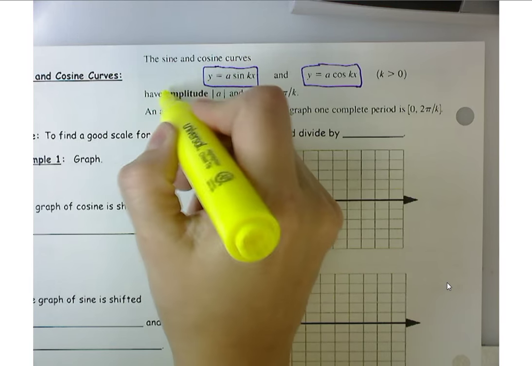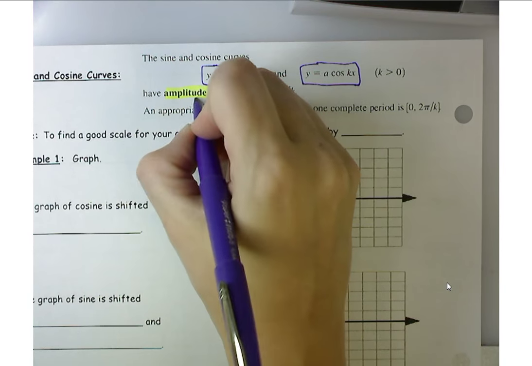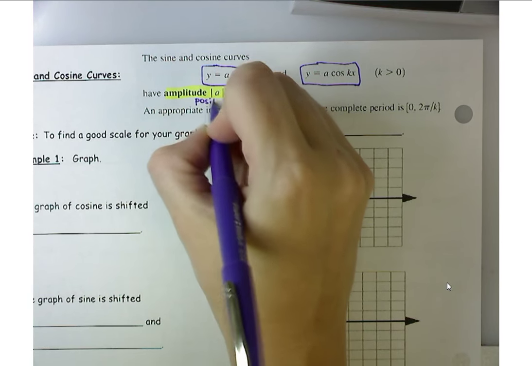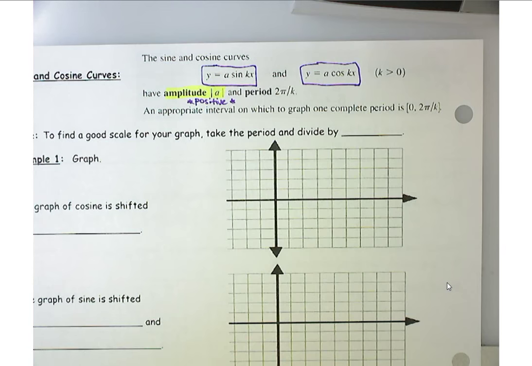If your amplitude is the absolute value of a, that means it's always going to be what? It's always going to be a positive value if it's the absolute value, right? So your amplitude is always positive. Okay, and then your period is going to be 2 pi over k. Do you guys remember that from last year?